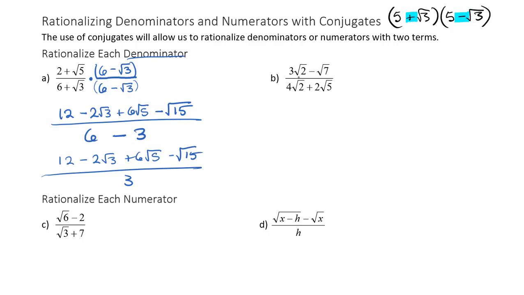In part B, we have 3 root 2 minus root 7 all over 4 root 2 plus 2 root 5. We want to rationalize the denominator, and so we are going to multiply the numerator and denominator by the denominator's conjugate. So 4 root 2 minus 2 root 5.